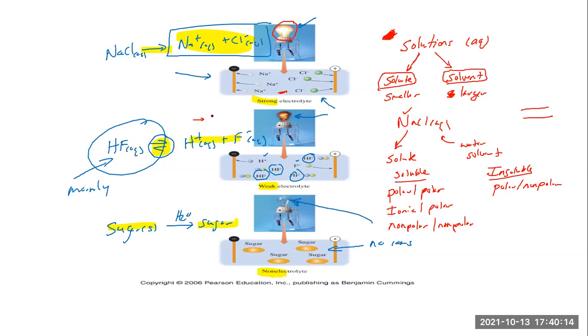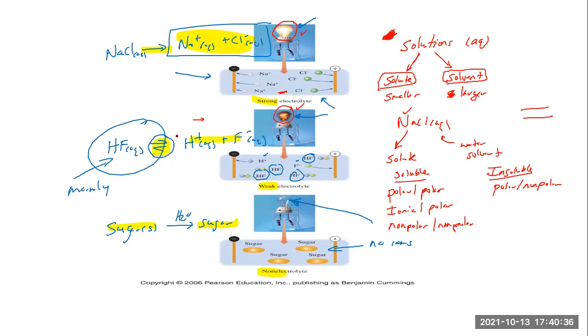So you'll get a little bit of H pluses floating around, a little bit of F minuses floating around. Since it's still able to produce some ions, it is able to conduct electricity, but not anywhere near a strong electrolyte, as we can see from the brightness of the strong electrolyte light bulb versus the weak electrolyte light bulb, which is kind of dim.